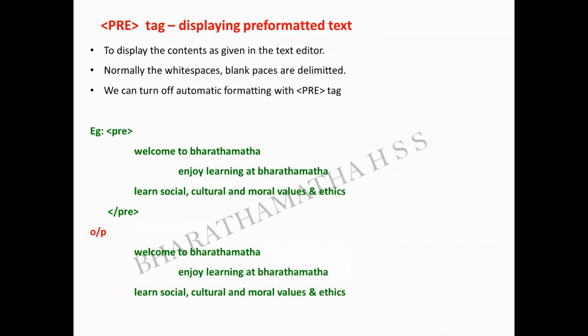Yes or no? So this I'll show you when we are doing the program. So what happens is, though we type it in next line, but when it comes to the browser, it truncates or eliminates the white spaces and adds along with the previous line of content itself.